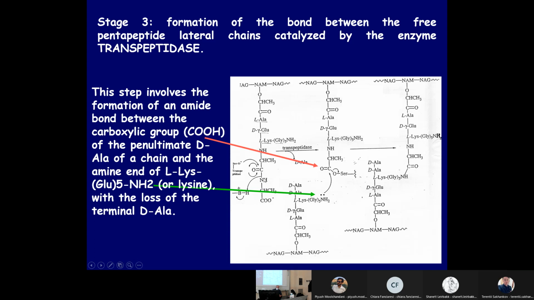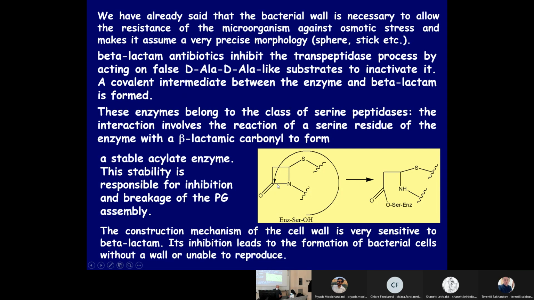So the two structures, diala-diala and the beta-lactam ring, are very similar.